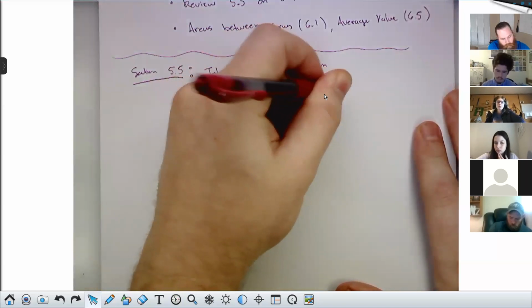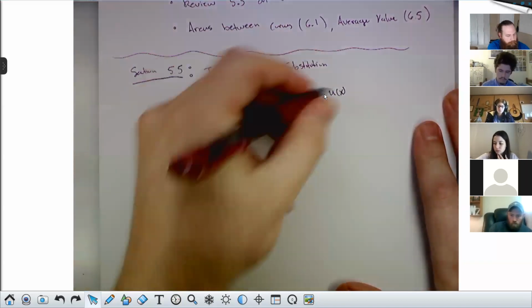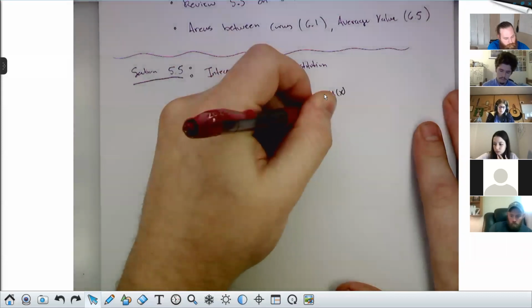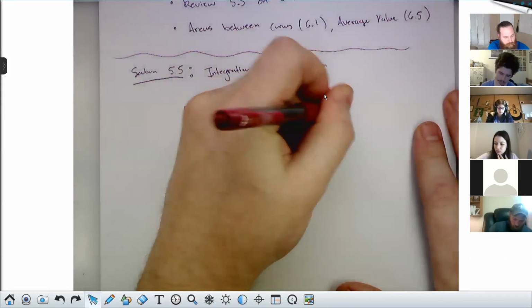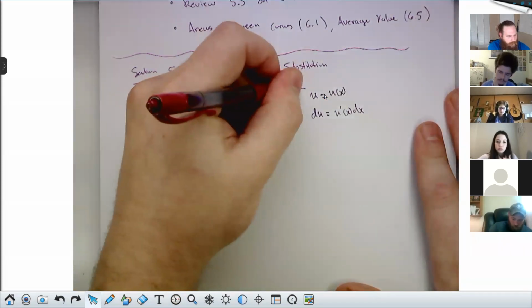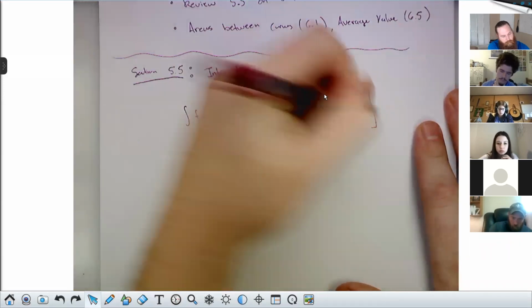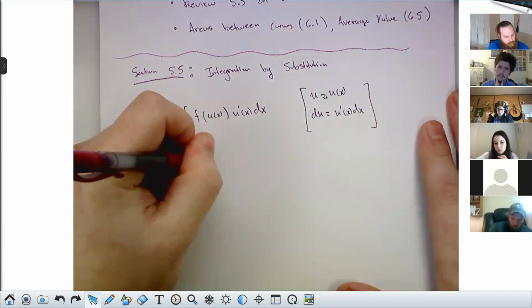You introduce a new variable. Usually people use the letter u. And then you calculate the differential of that new variable in terms of the old variable. And that allows you to rewrite the original integral in terms of this new variable.